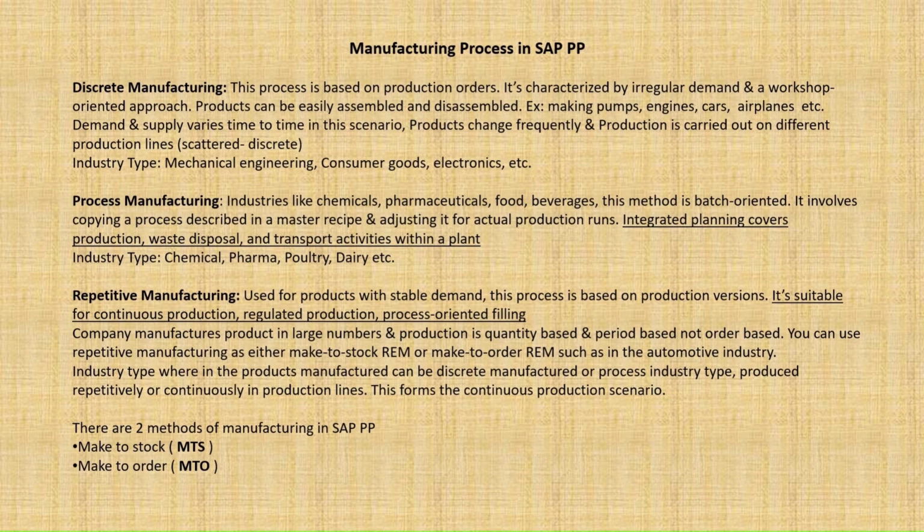You are just producing it because you know that the demand will be there in the market. Based on the forecast, you decide how much to produce. We know that this much will be consumed, so that there should not be any shortage, and you produce that material in your manufacturing unit.